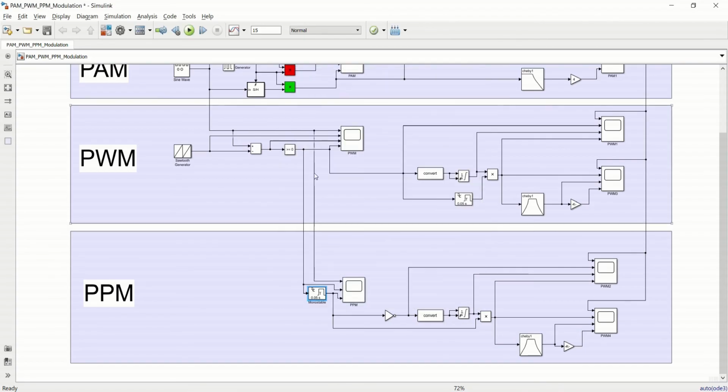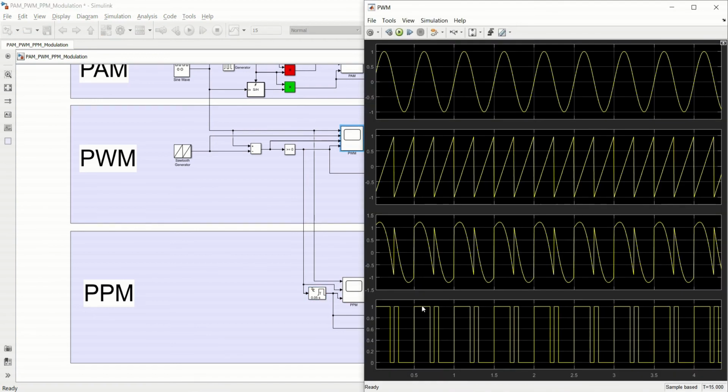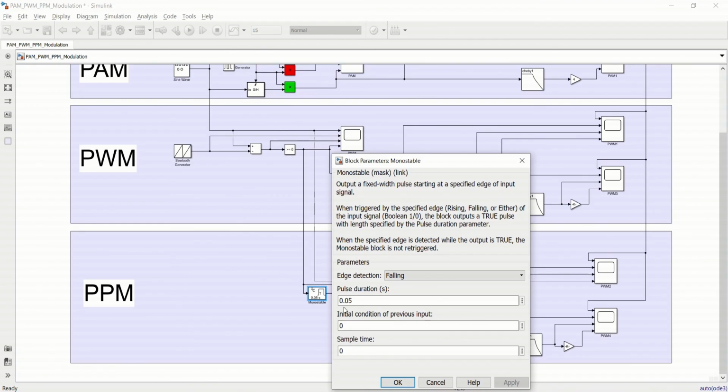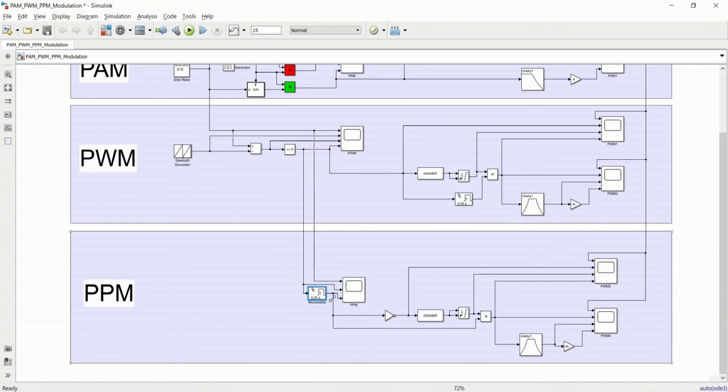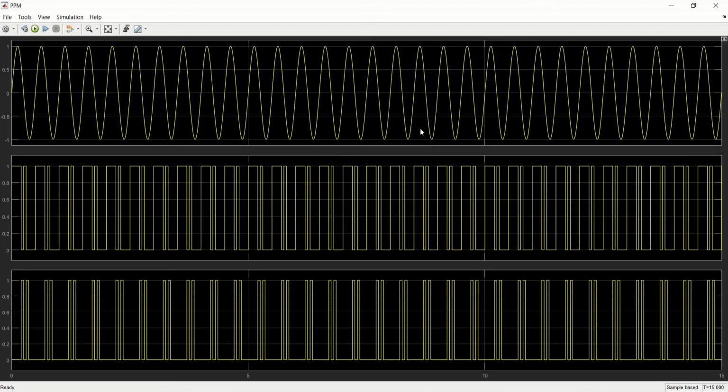That is, from the falling edge of the PWM signal we have a signal with a duration of 0.05 second. This is the third input to the scope representing the pulse position modulation. The first input is the message signal, the second is the PWM, and the third one is the PPM. So let us visualize the PPM signal.